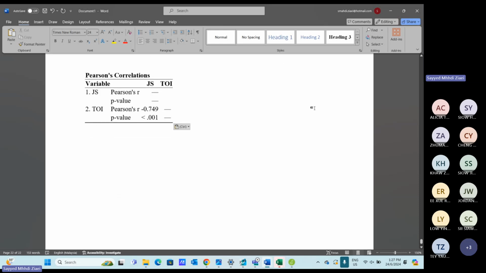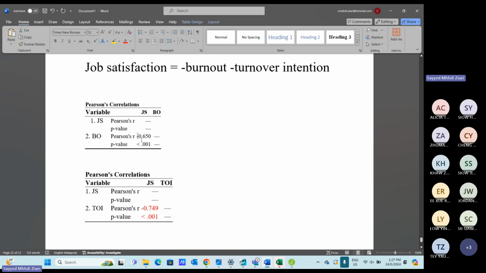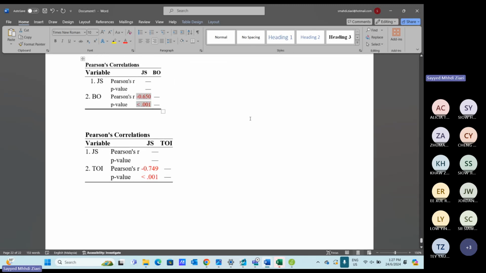Again, a negative relationship between these two variables, and the p-value is also less than 5%. It means significant.